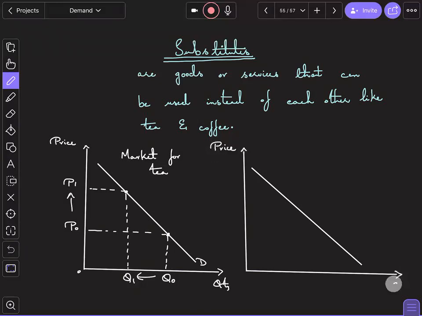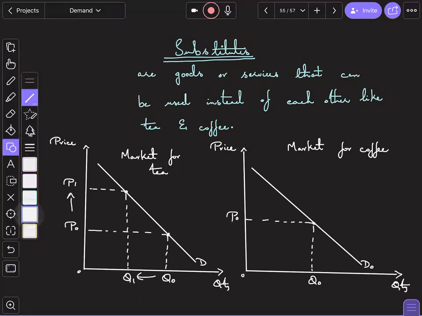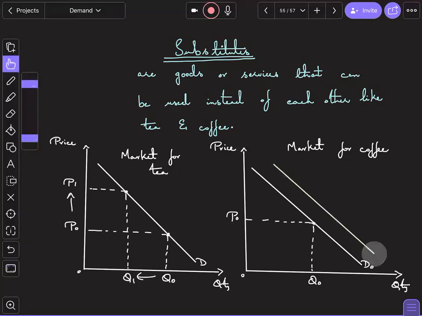Because they are substitutes to each other, they can be utilized in place of each other.